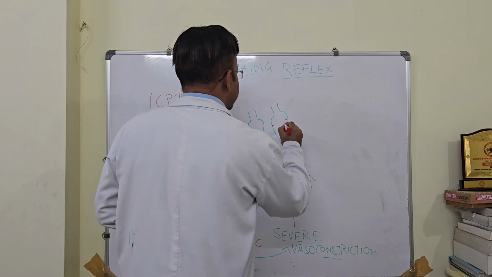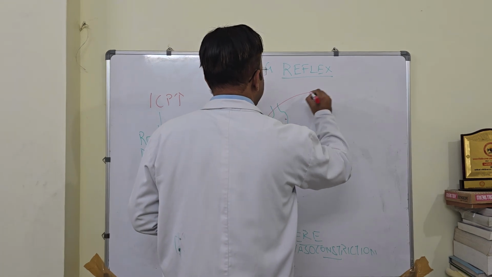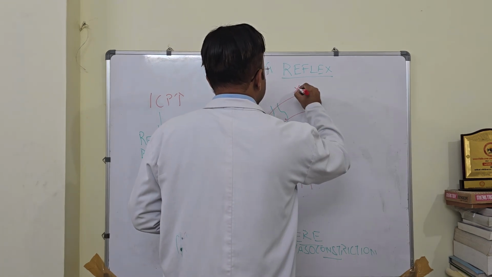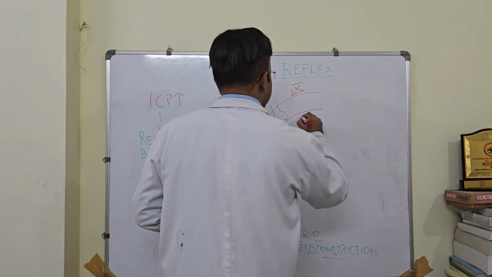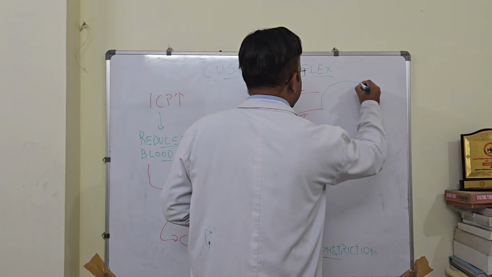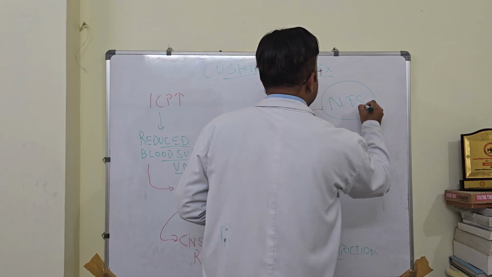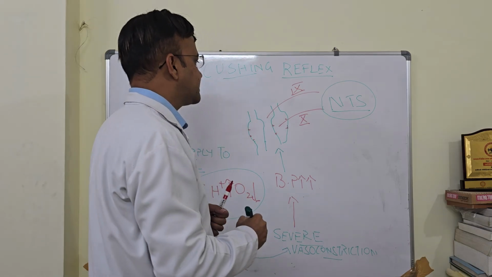And these carotid bodies will send signal via 9th and 10th cranial nerve to which structure? To NTS, nucleus tractus solitarius. In short form, I am writing NTS, right?